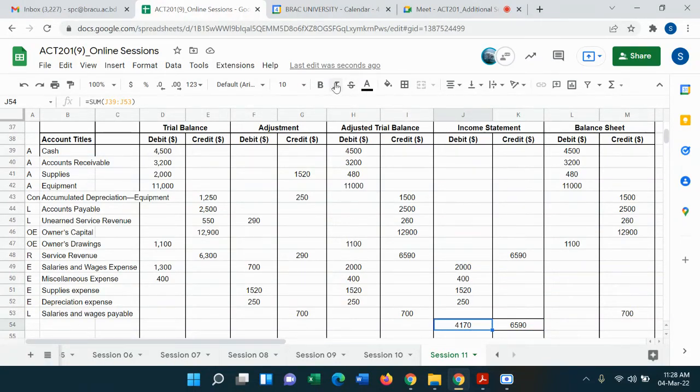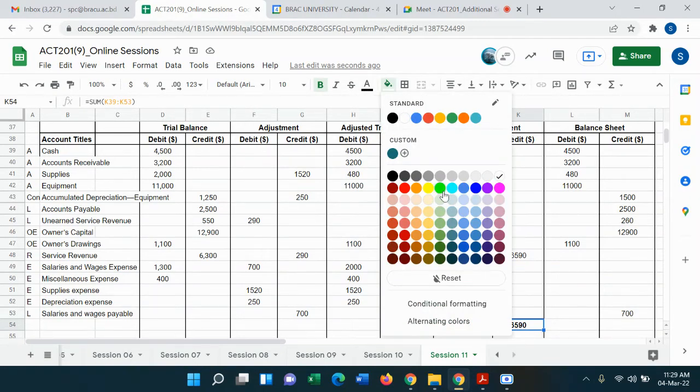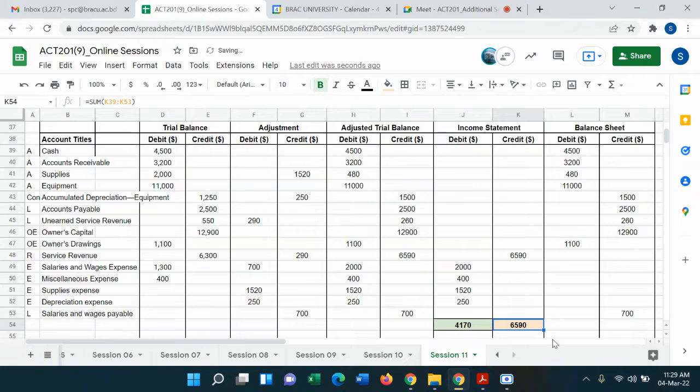This is the total expense. Can I say the total expense of the organization is 4170? And what about this credit balance 6590? Total revenue, isn't it? This is the total revenue.